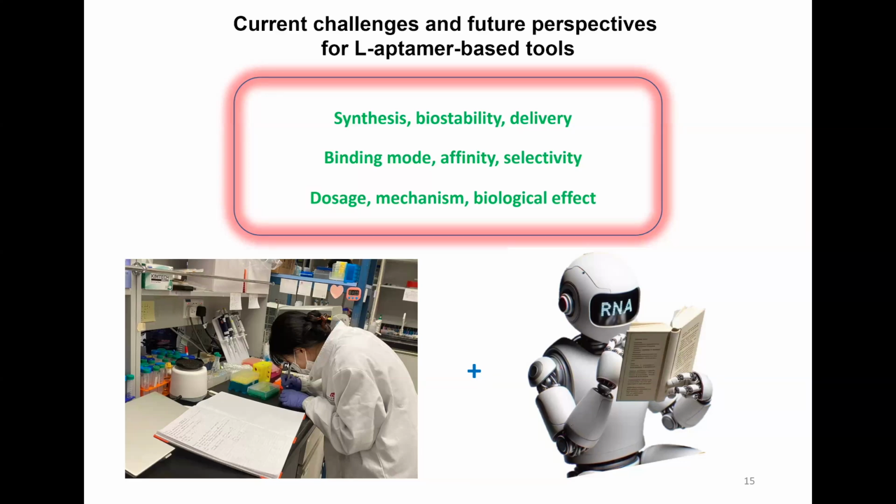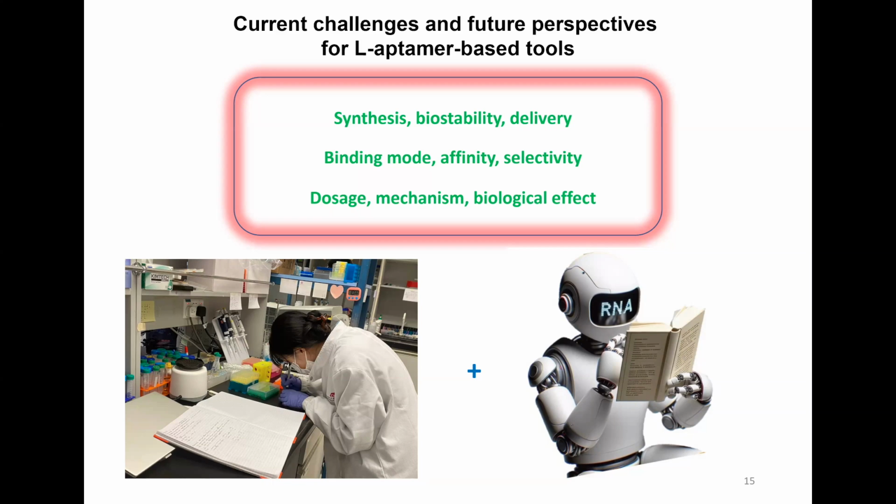And then we are trying to improve other aspects of it. And I think right now we are still more driven by the human knowledge, right? From the experience of different students, we come up with a better template, better way to find a better aptamer. So we're also working with AI to see how we can improve it further.